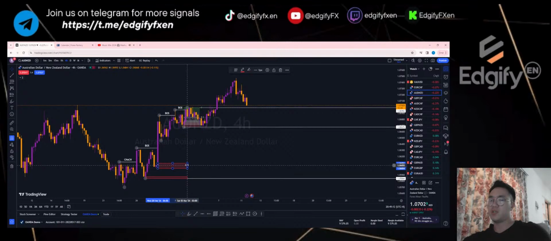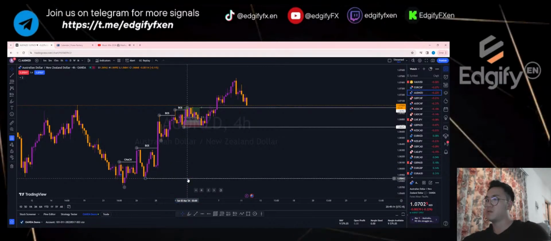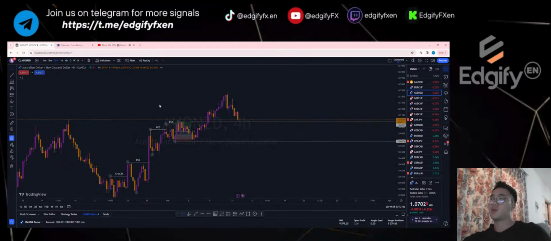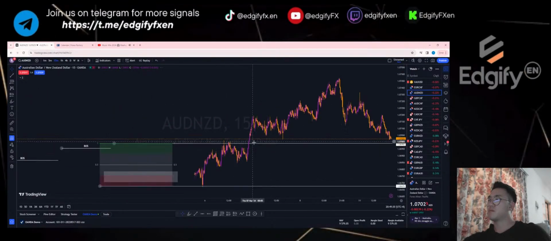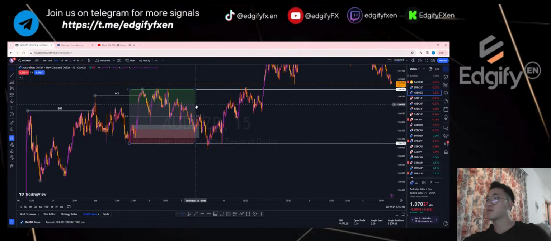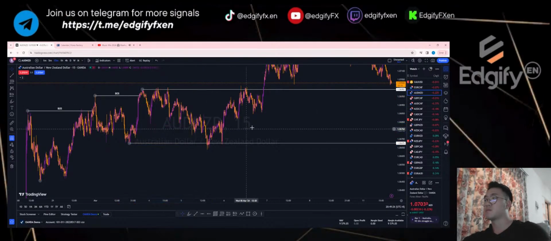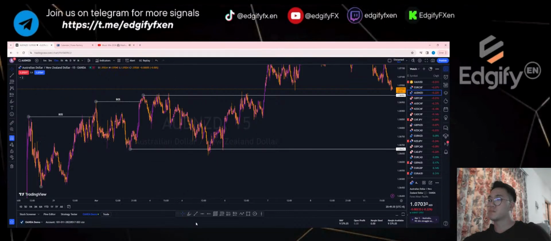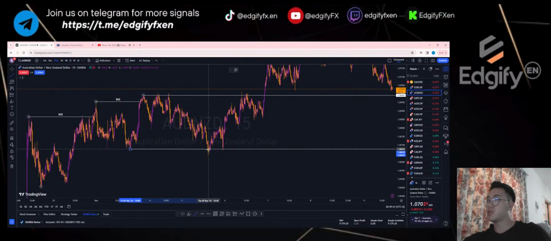Moving on to AUD ZAR CAD. Let me take a look on the 15. So we have this change in the market structure here.